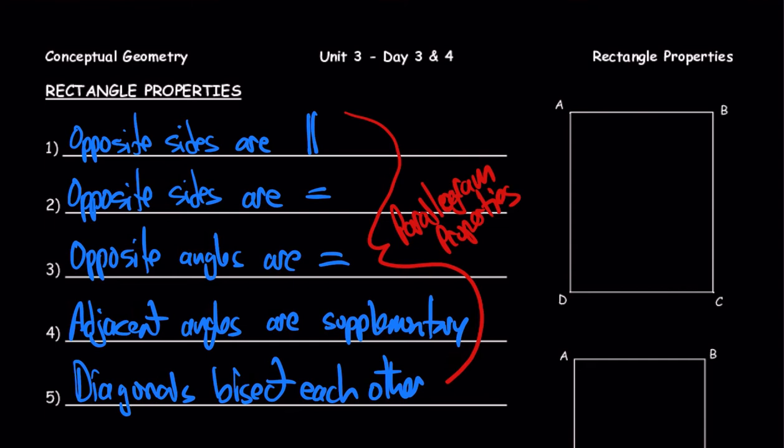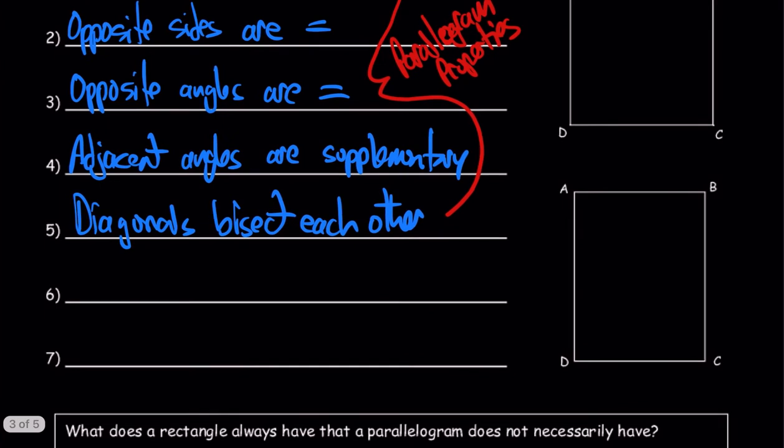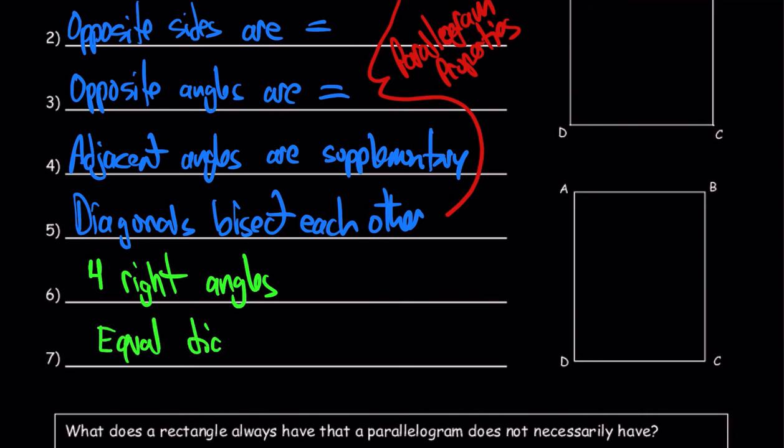A rectangle is a more specific type of parallelogram because it has all the parallelogram properties. In addition to our parallelogram properties, it has these: 4 right angles and equal diagonals.